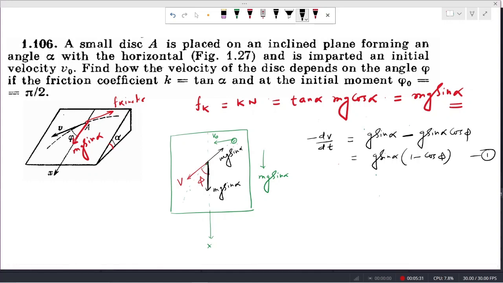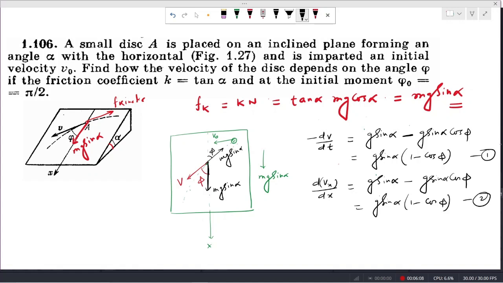Along the x direction, the rate of change of the x component of its speed, dvx by dt, will be equal to g sin alpha, which is trying to increase the speed, and the component of the other mg sin alpha will try to reduce the x component of its speed. So we write g sin alpha minus g sin alpha cos phi, since this angle will also be phi. This gives us g sin alpha into 1 minus cos phi. This is our equation number 2.